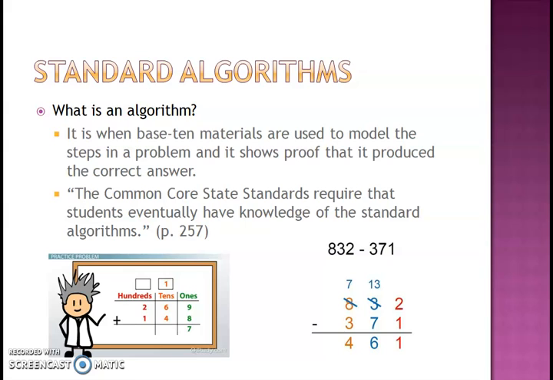So here to the bottom left, we have one standard-based algorithm for addition, and see how it's separating the ones, the tens, and the hundreds. That way students have a better understanding, and they can use this as a base. And to the right, we have a photo representing subtraction.